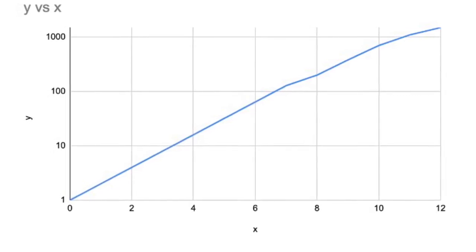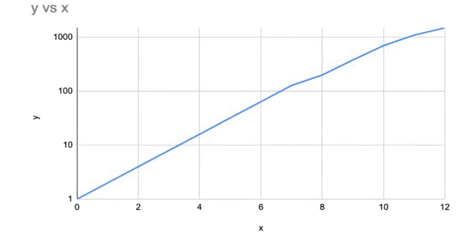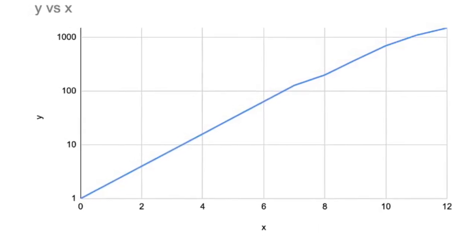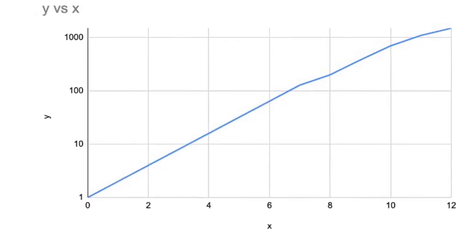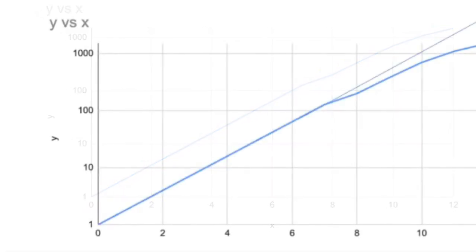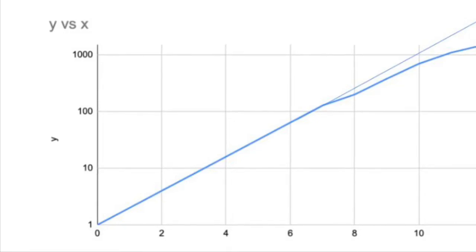And so it appears that, yes, it must be still growing exponentially. But if I were to draw a straight line on top of the graph, I can see that actually at the end of the graph, this line, which I thought was relatively straight, is actually curving off beneath the linear line, which would suggest that it's no longer growing exponentially at the end.